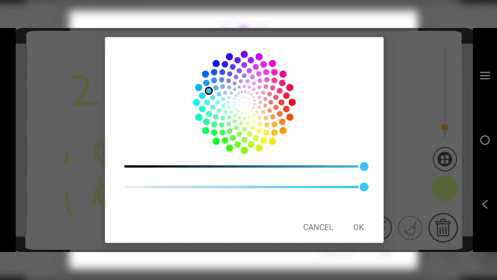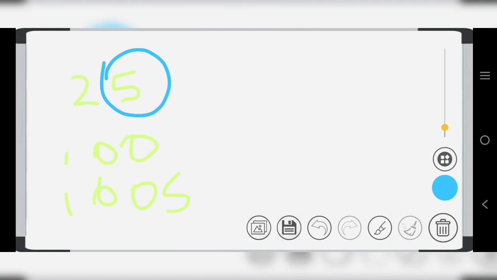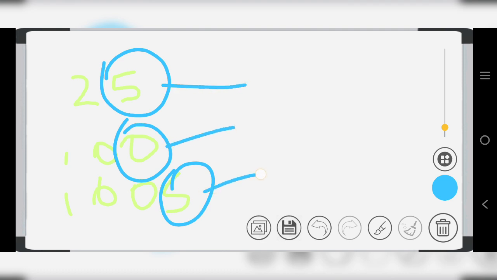Here we see that the last digit is 5. Here 0 and 5. So 505. If the last digit is 5 or 0, then it is divisible by 5.